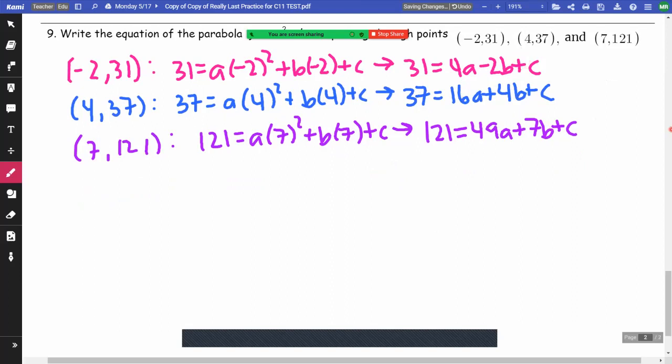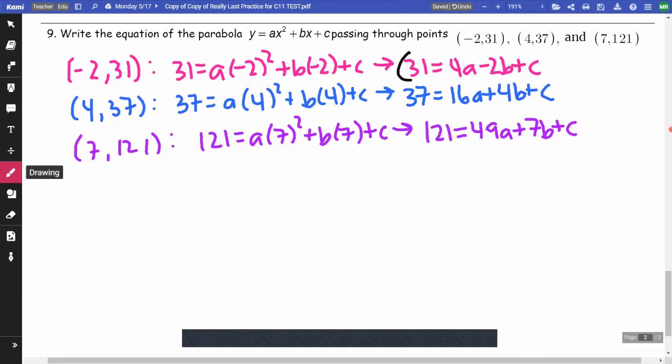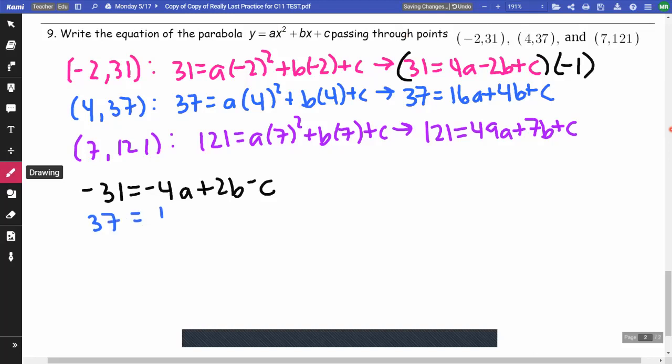So let me just take the first two equations. Let's multiply the first one by a negative 1. So I'm going to get negative 31 is equal to negative 4a plus 2b minus c. And let me add it to my blue equation, so 37 is equal to 16a plus 4b plus c.